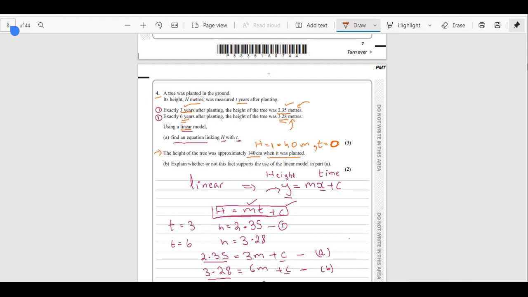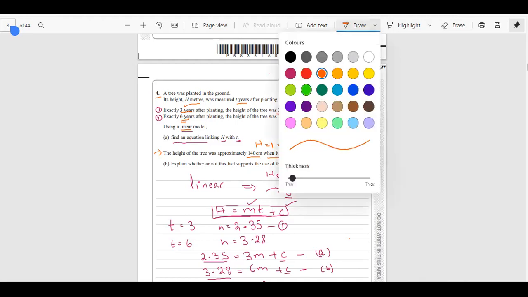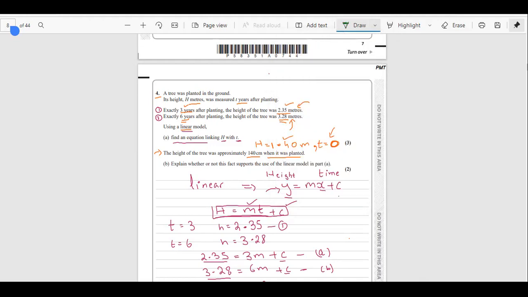Okay. So what is the question? Explain whether or not this fact supports the use of the linear model in part A. Now, whatever equation we got, we need to use t equals 0 in that and see if we are getting h equals 1.4 or not, right? Yes, because only then we would be able to understand if this fact is supported by our equation or not.